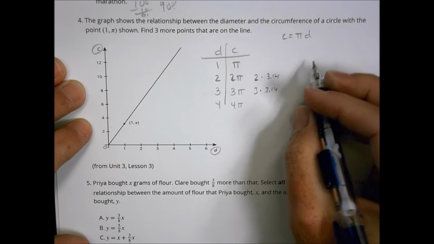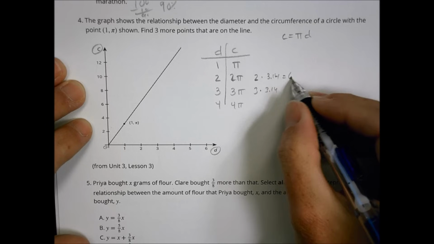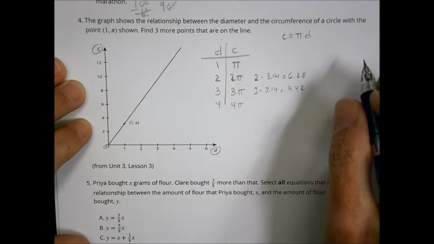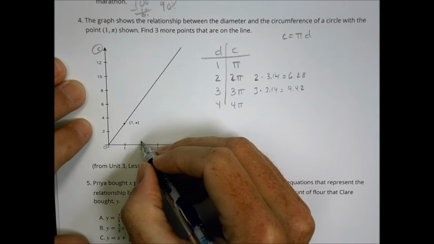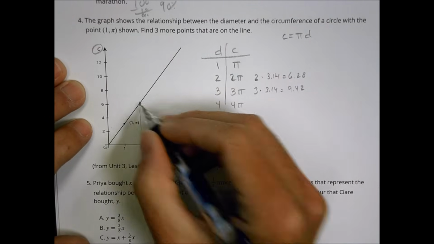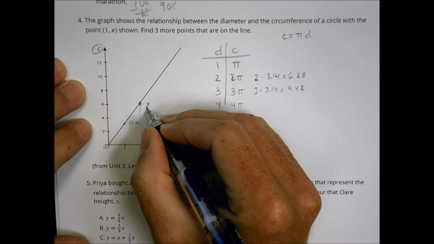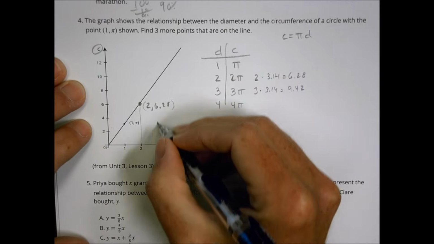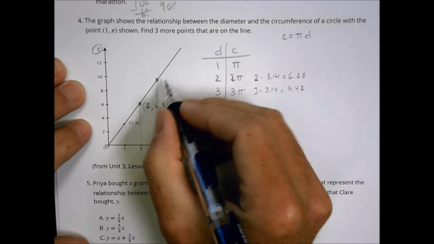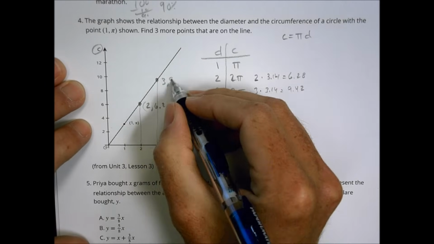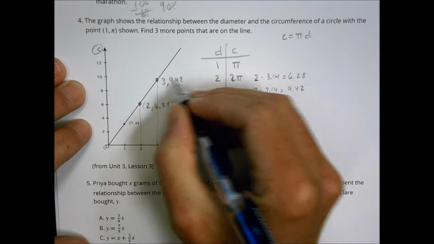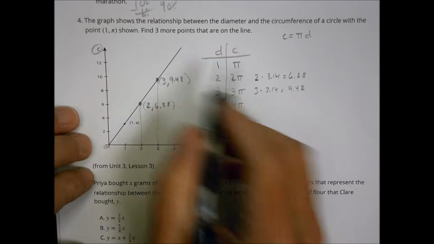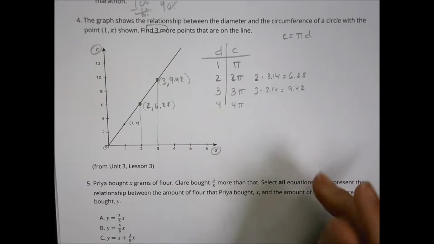If I did that, I'd end up with 6.28 for this one, I end up with 9.42 for this one, and I could plot those out and say, well, here's 2, we're going to put a point right there, and that's going to be at 2 comma 6.28, and here's 3, we're going to put that right there, and that's going to be at 3 comma 9.42. Those are all going to work, and you do the same thing for 4 if you want to add that third point there. Okay, I'm just going to put 2 for now and move on.